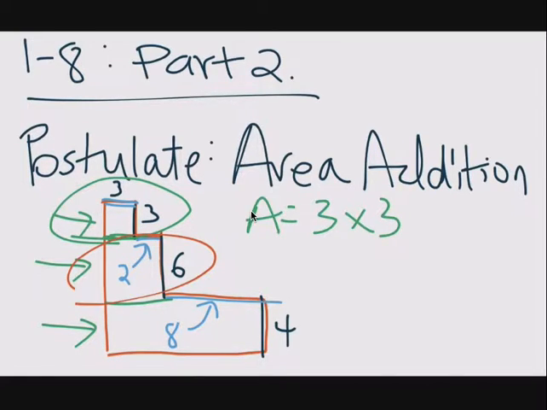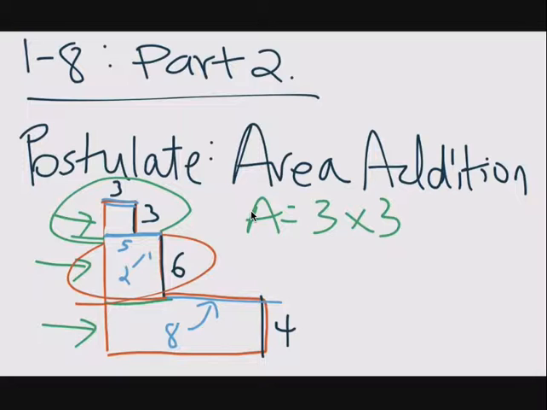Next, the middle one. So the middle one has the same size here as the top one, 3, and it has an extra 2 here, so in total, this side is 5.